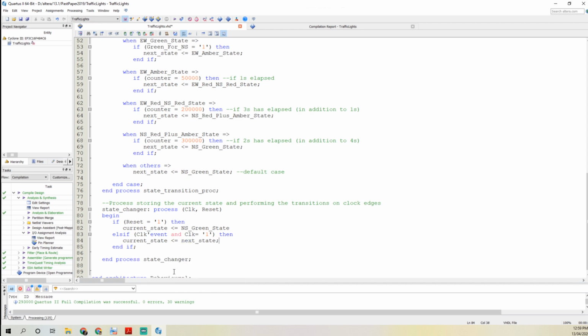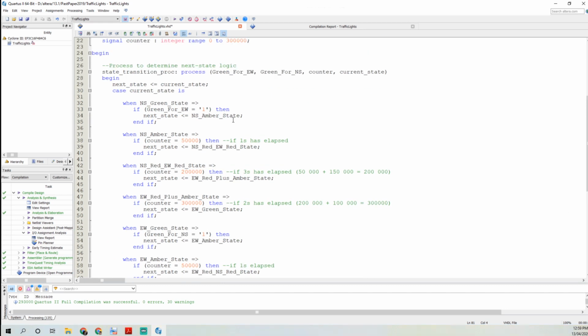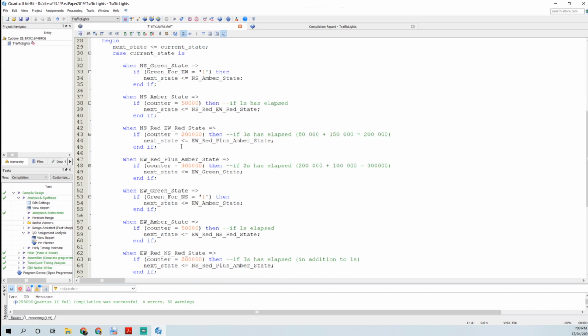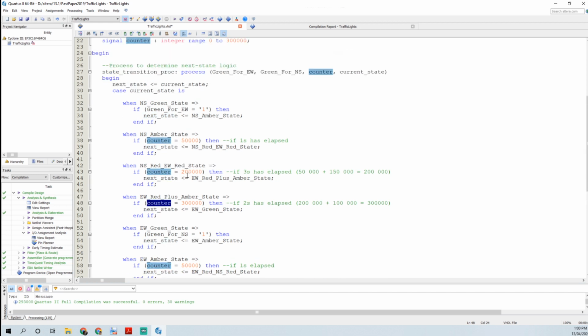All right, let's look at this a little bit. So in this process above here, we know that this signal next state is going to be determined based on some conditions. All right, these conditions are evaluated when this process is executed, and this process is executed based on some change in any of these signals here.